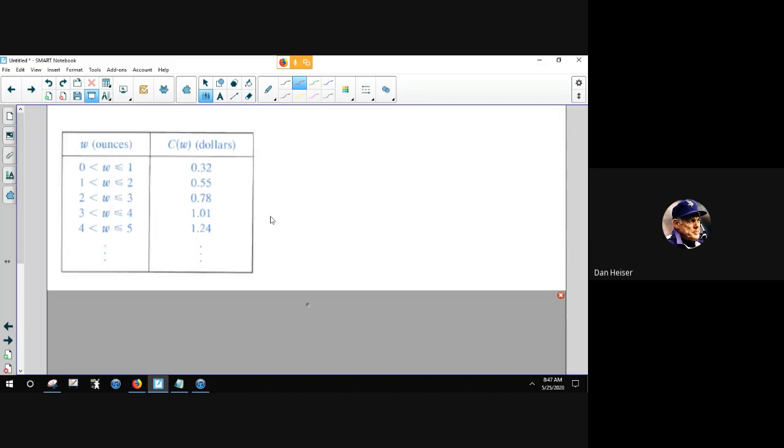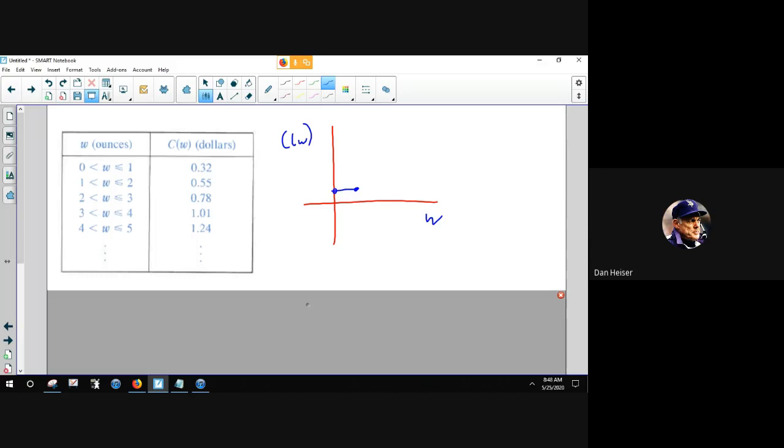A visual model, well, if we were to graph this, it would look like a little step or a staircase where we would have something like, here's C of W on the y-axis, W on the x-axis. So from 0 to 1, we would be at 32 cents. Let's say that's right here. And there we go.